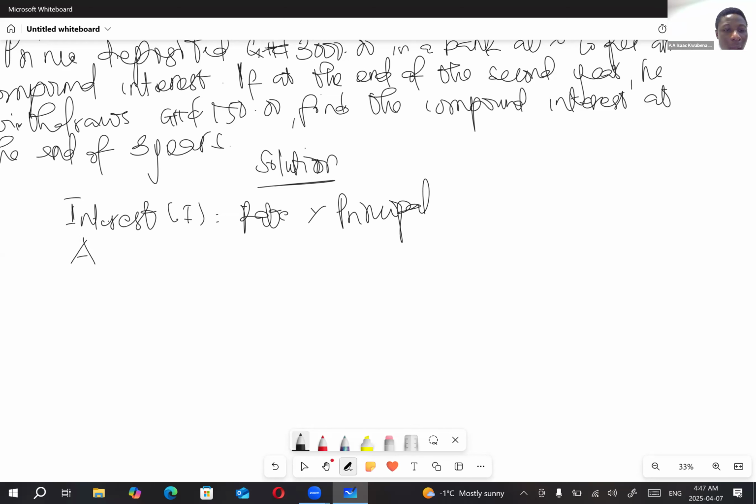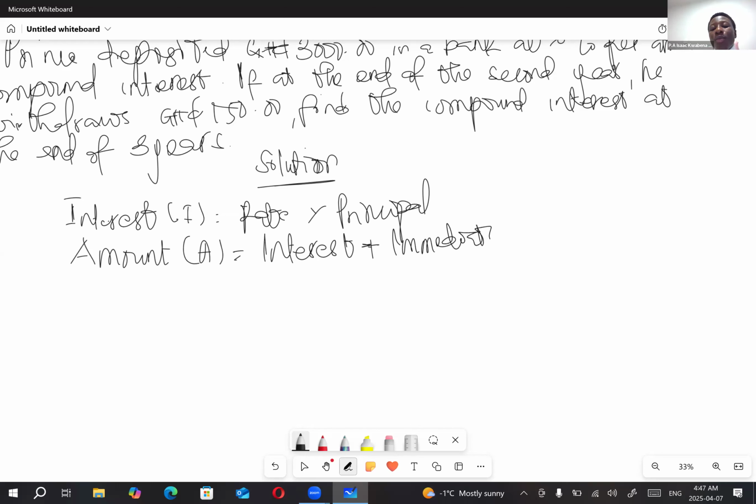Then the next one will be amount, right? To calculate the amount, it's equal to the interest you have had at the end of a tenor, plus the immediate principal. I use the word immediate principal because the principal is not constant, it changes.